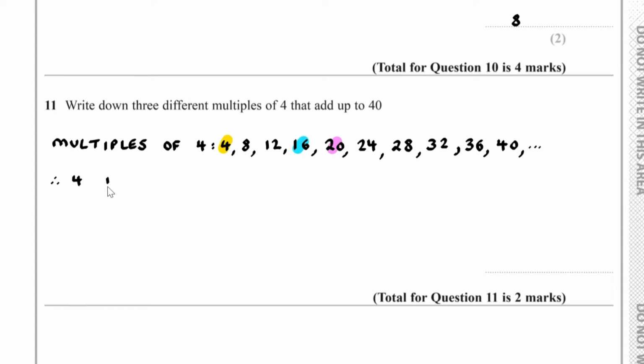So 4 plus 16 plus 20 is equal to 40, so these are the three possible numbers we could have: 4, 16 and 20.